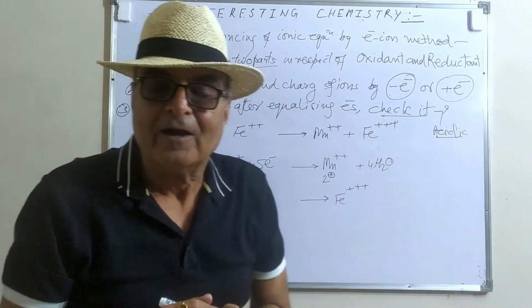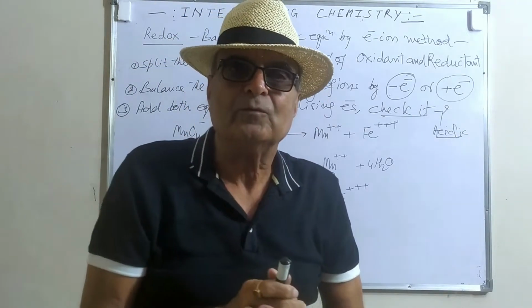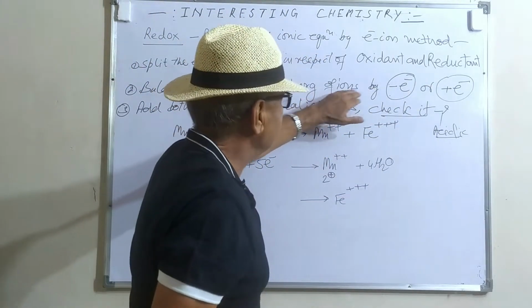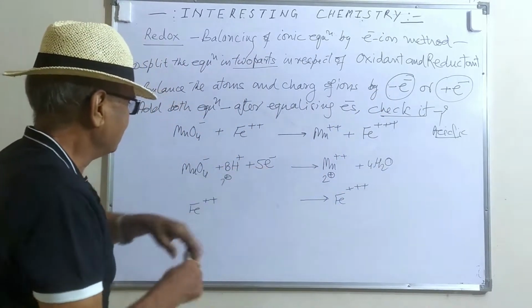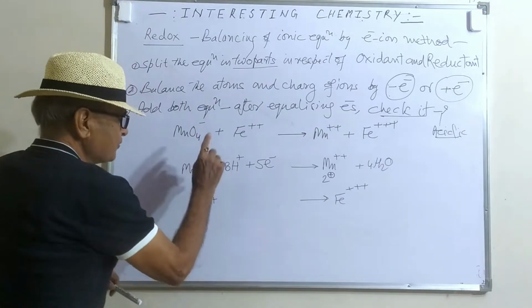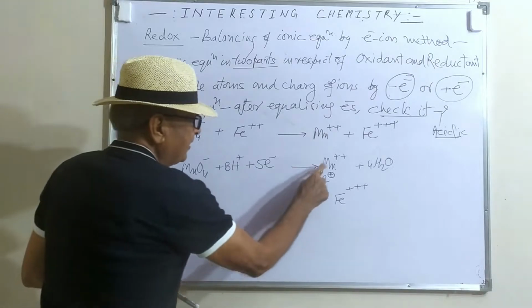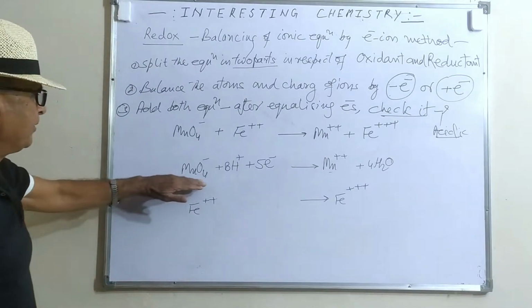Whether you add electrons or deduct electrons, by ions, here add electrons. Now here 5 negative, 1 negative, 6 negative, 2 remaining positive, and here 2 positive. So the equation is balanced for MnO4.